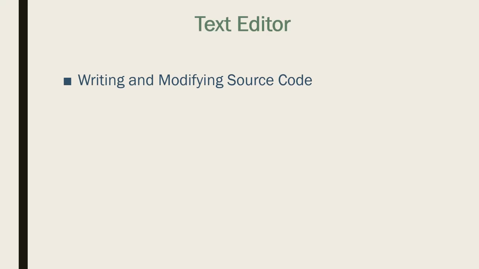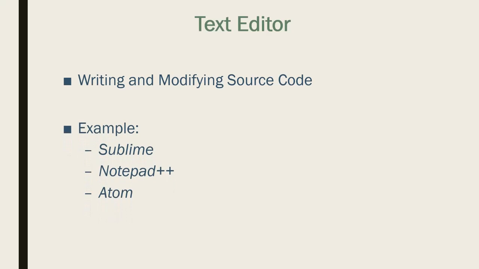Even Notepad is enough for writing or developing our HTML web code. In that case, Notepad is similar to a normal text editor, and some more examples of text editors are Sublime, Notepad++, and Atom.